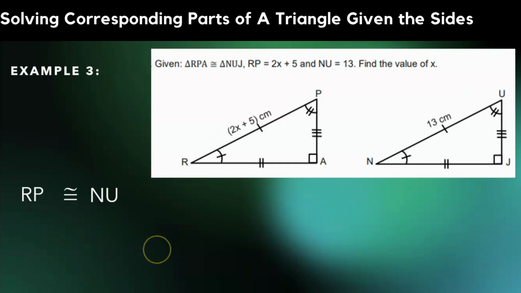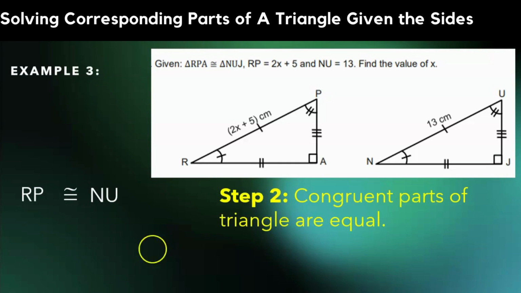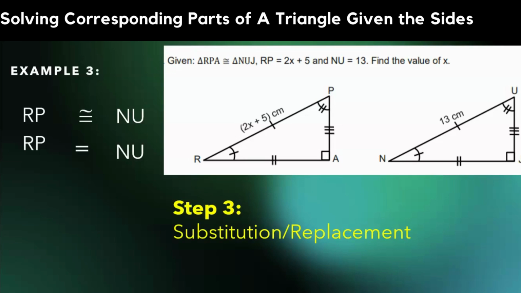Okay? Step 2. Since they are congruent, we can say RP is equal to NU. Step 3. We are now going to have the substitution or replacement. Paano po ang gagawin natin? Puntahan po natin itong triangle RPA, kasi dito po natin makikita si RP.